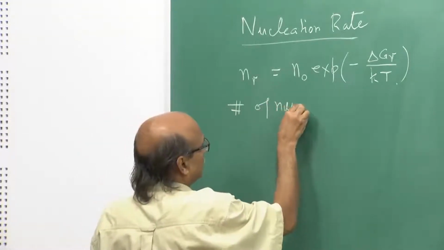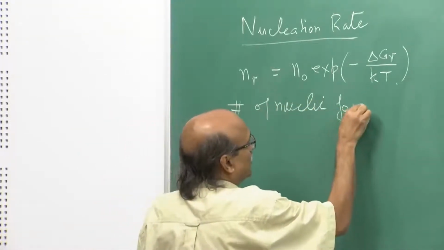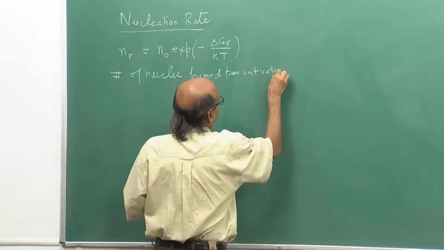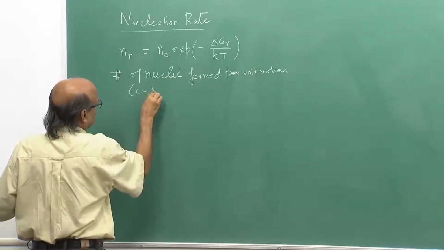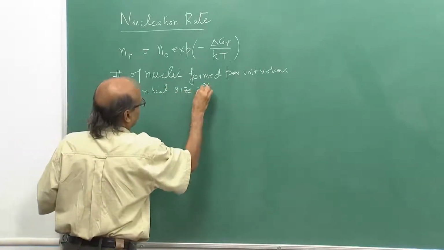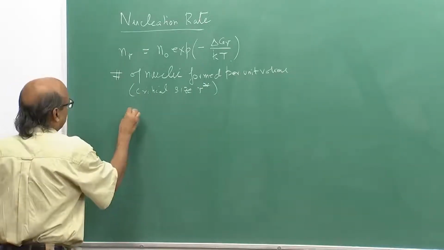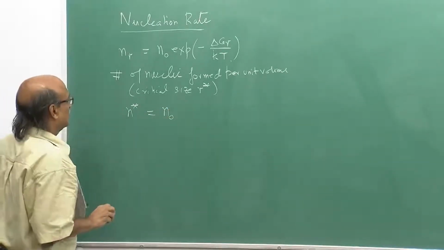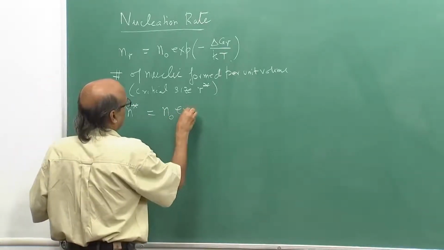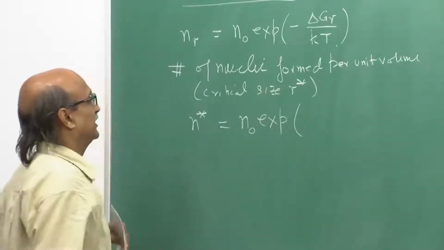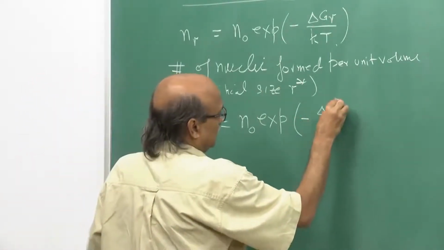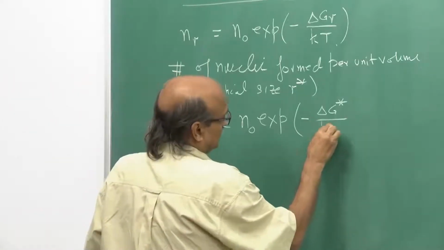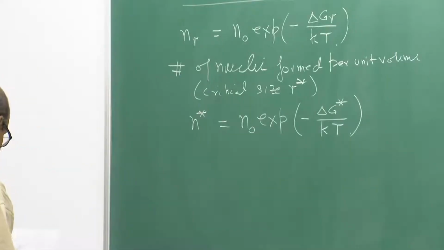So, number of nuclei formed per unit volume, and these are nuclei of critical size, critical size R star, that I will write as N star, which is related to N0, the potential sites where a nucleus can form in a unit volume, multiplied by exponential, and instead of having delta GR, I will replace this by delta G star, the critical free energy associated with the critical size nucleus, divided by KT.